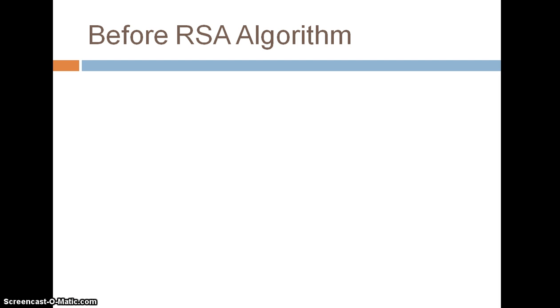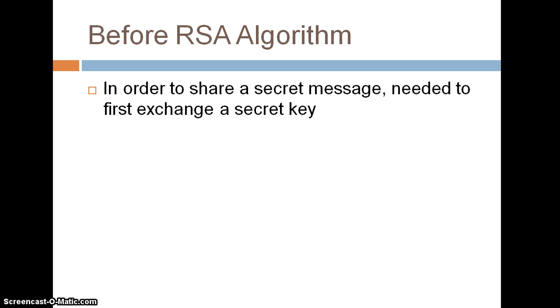So before the RSA algorithm was developed, there was this problem of key distribution, meaning in order to encrypt or decrypt a message to send to a person, or if I'm receiving one, we would first need to share the encryption or decryption key. So in order to share a secret message, we needed to first share a secret key, which is kind of a catch-22.